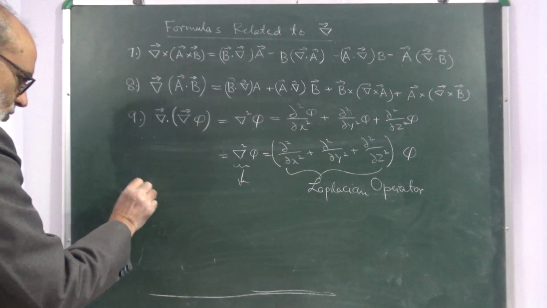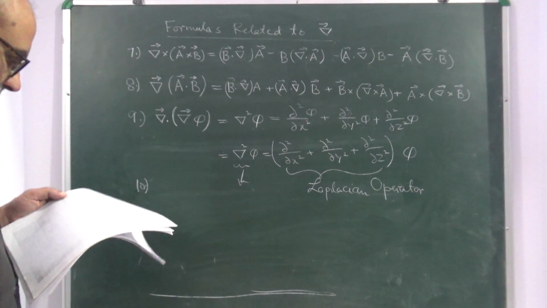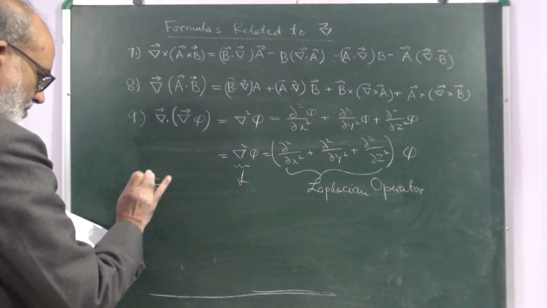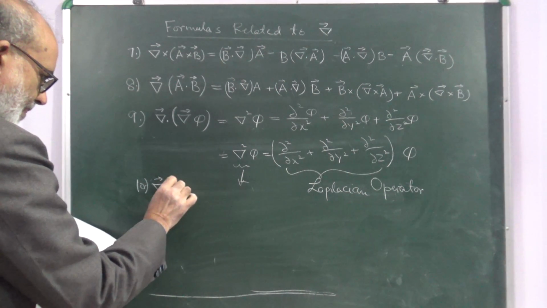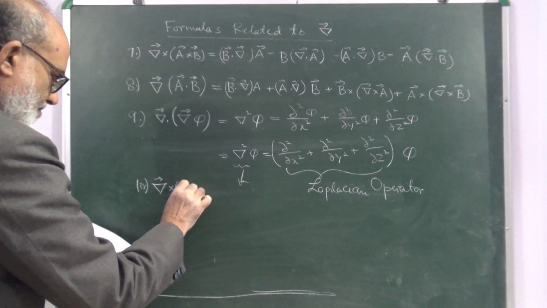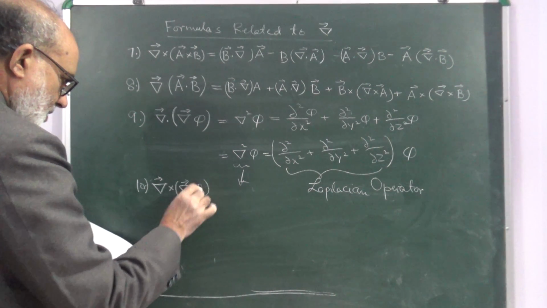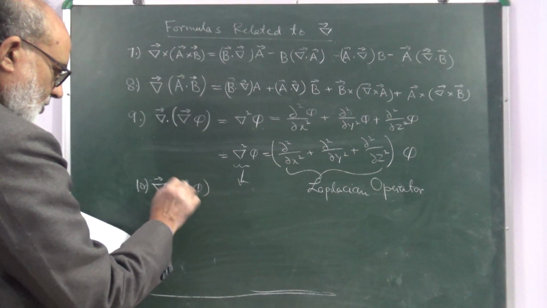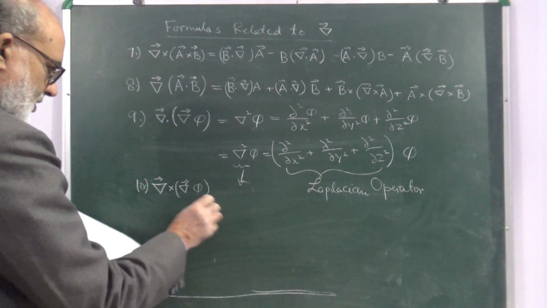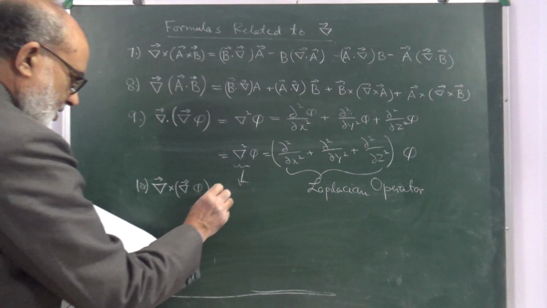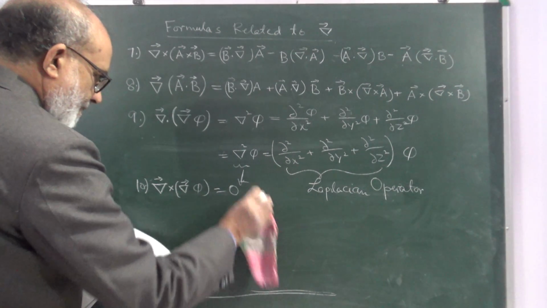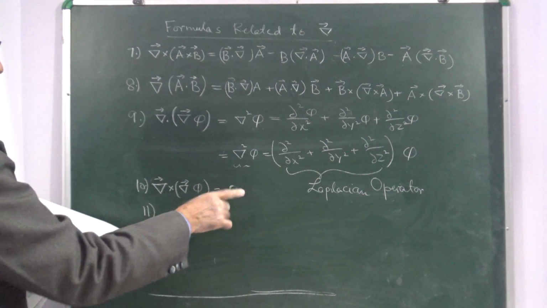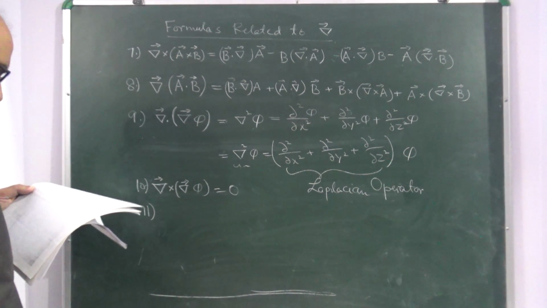Now there are these three relations. If you take the curl of a gradient, this is a scalar field and the gradient of a scalar is a vector. So this is a vector field, and this is the curl of the vector field. This results in 0. It's called curl of gradient. So the curl of gradient is 0.